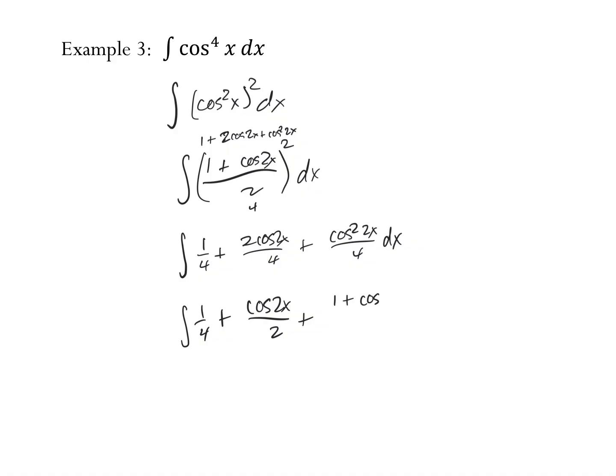What's double the angle of 2x? And now instead of being over 4, it'll be over 8. Because there's 4 times 2 there, right? There's the over 2 from the identity plus the 4 that's already there in the bottom. And then dx.